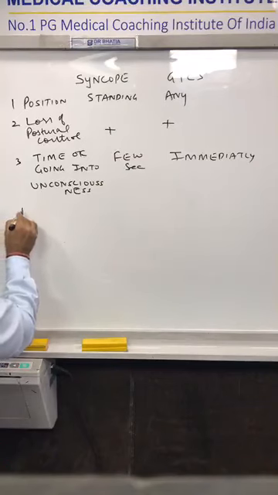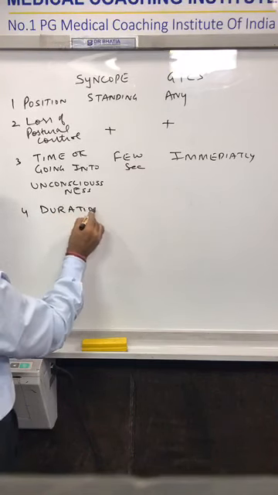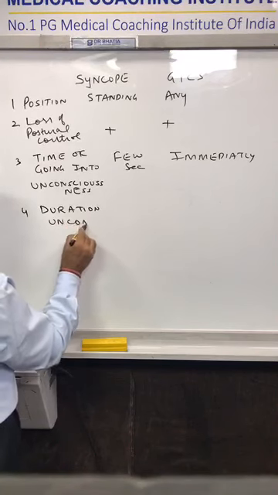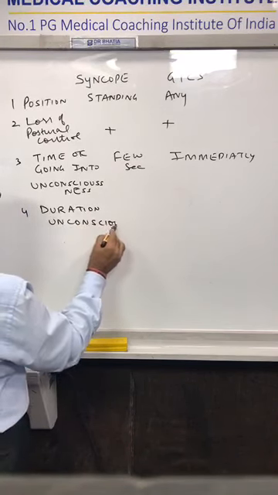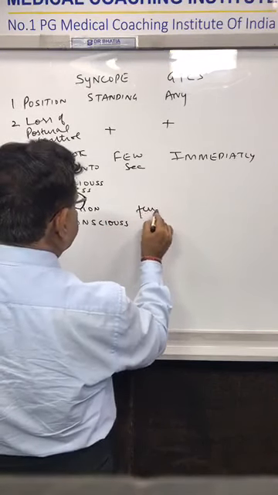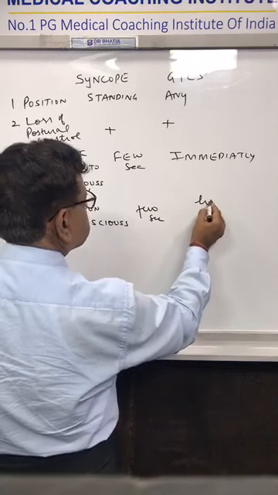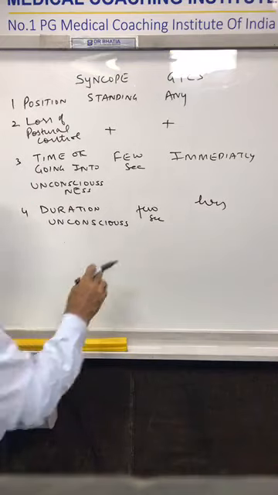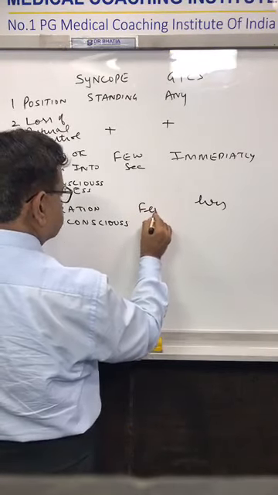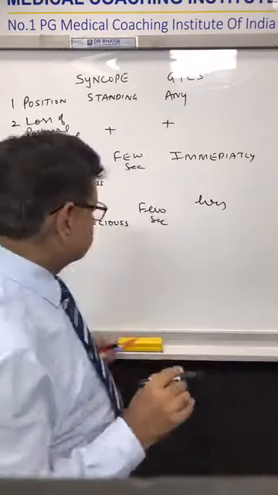Then duration of unconsciousness: in syncope again only a few seconds, but in seizure it is for hours.